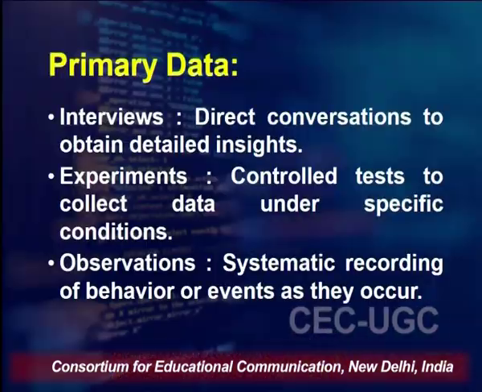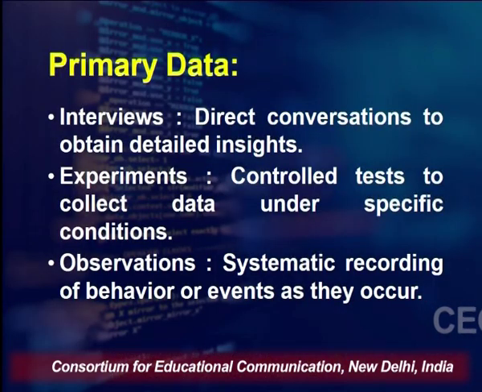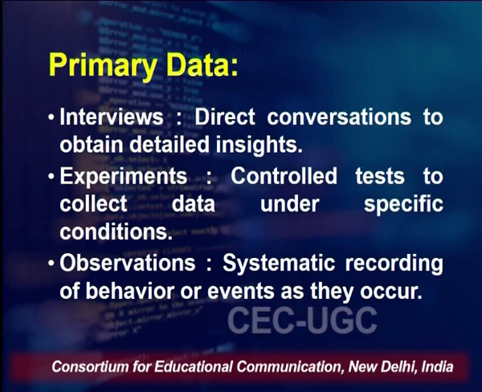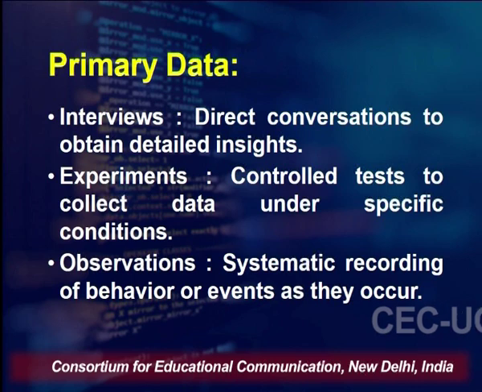And then of course, we have observation. Observation means that you are simply recording behavior or events as they occur in a systematic manner. The data collector is just observing how events occur and how the behavior of respondents changes, and will only note it, not intervene. It is a more passive method.